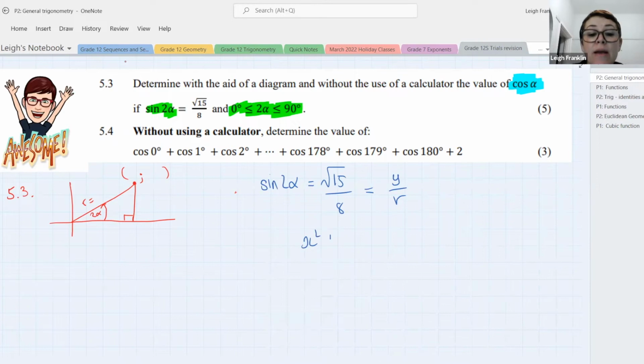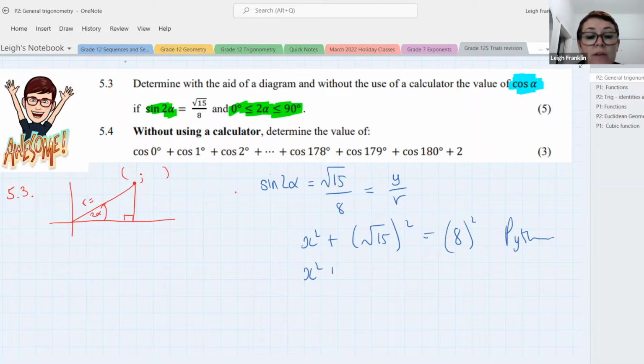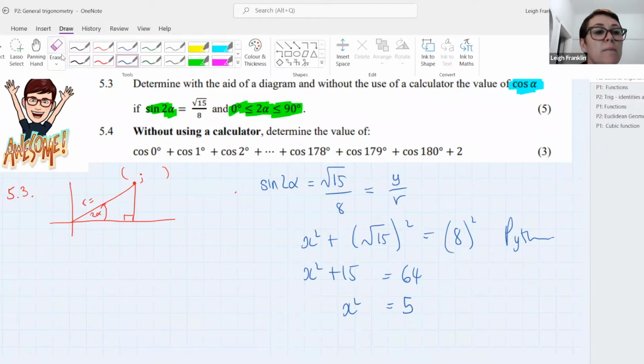So we would say x squared plus y squared equals r squared, because of the theorem of Pythagoras. So this would give us x squared plus 15 equals 64. So x squared would be equal to 64 minus 15, which would leave us with 49, sorry. Silly me.